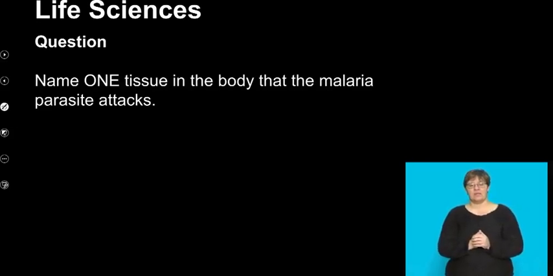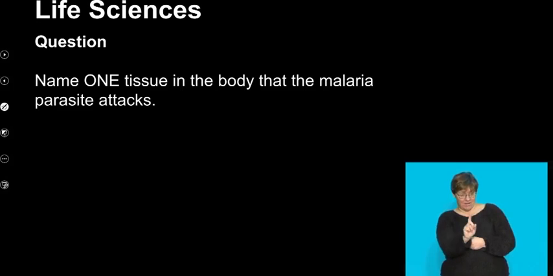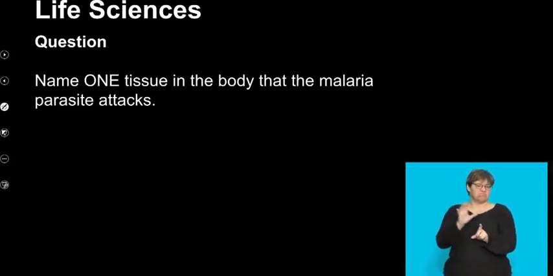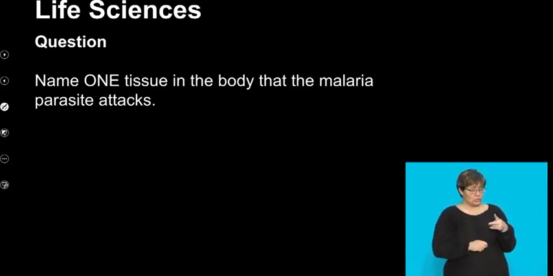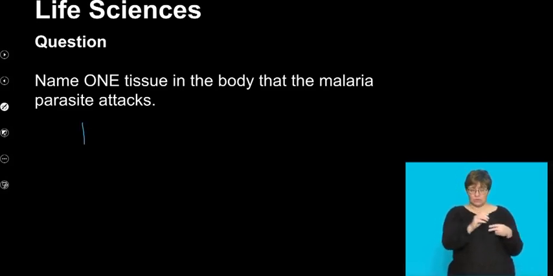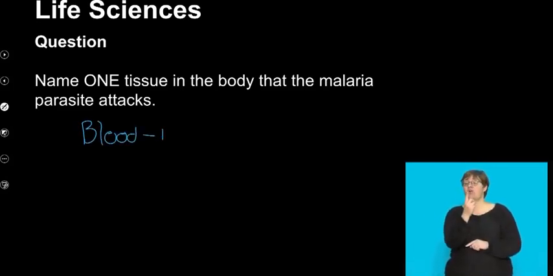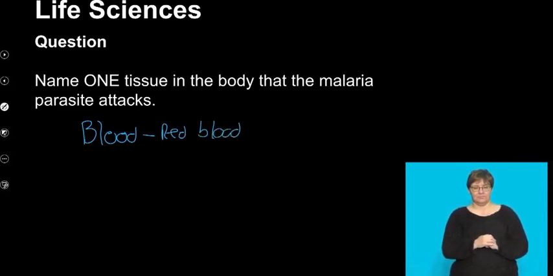Next question. Name one tissue in the body that the malaria parasite attacks. We know that it attacks two tissues, so obviously we would accept any of those. The one that it's going to do is going to be blood, specifically the red blood cells. That's going to be your first answer.